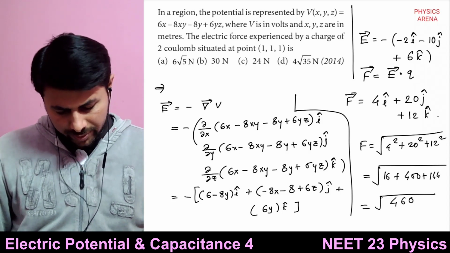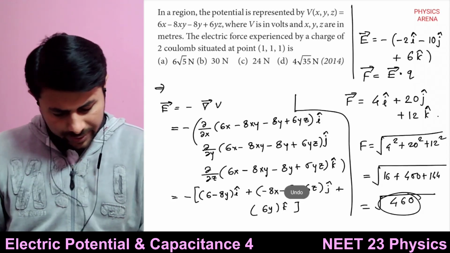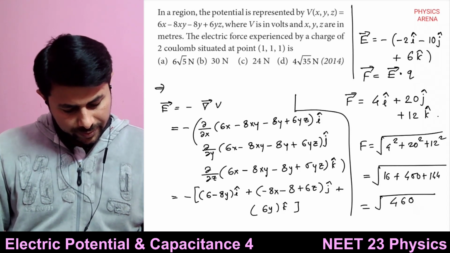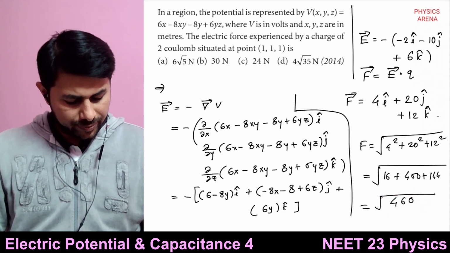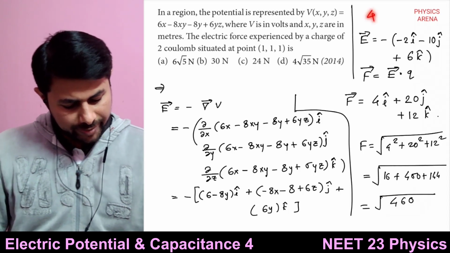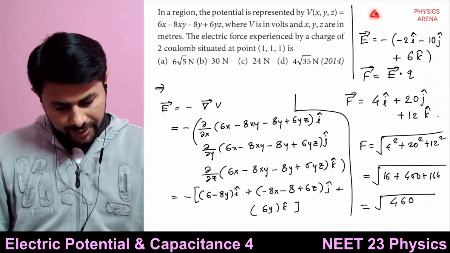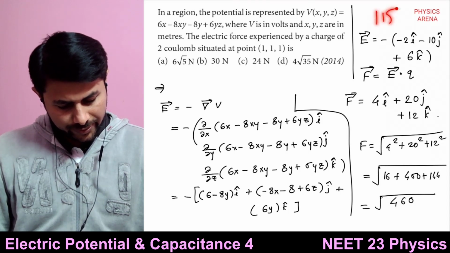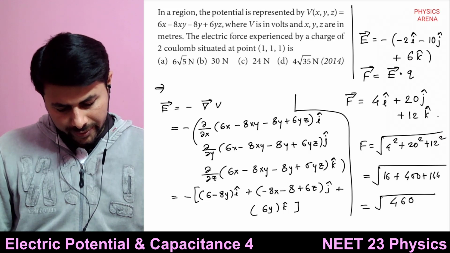Okay, so is it divisible by 16? Square root of 460. What I can see is it's divisible by 4, right? So if you divide by 4, it will give you 115.